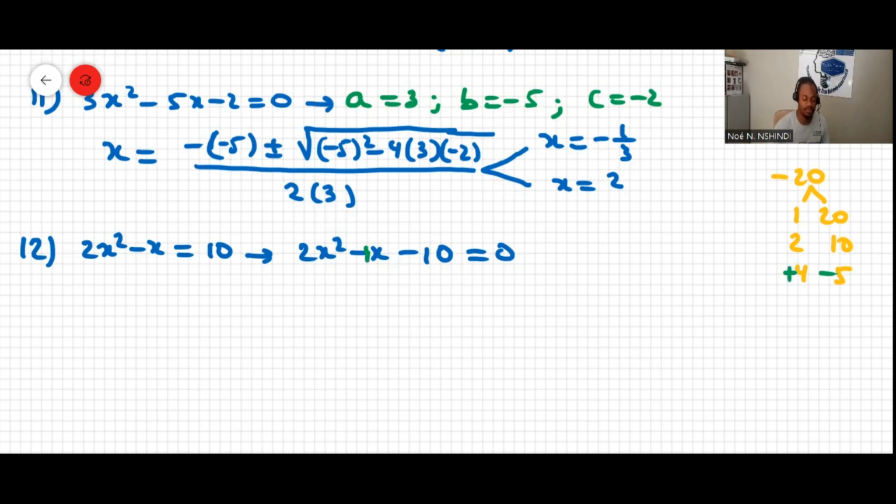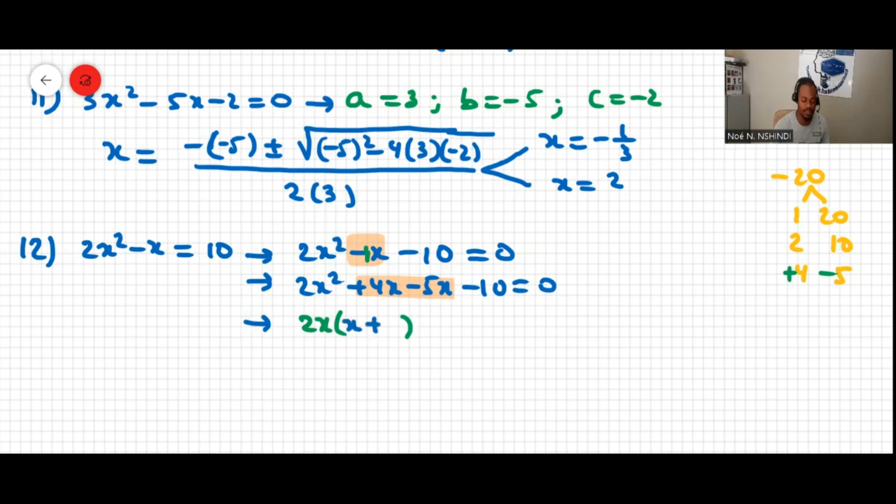Then this can be written as 2x² plus 4x minus 5x. Note that this all makes -1x. Minus 10 equals 0.